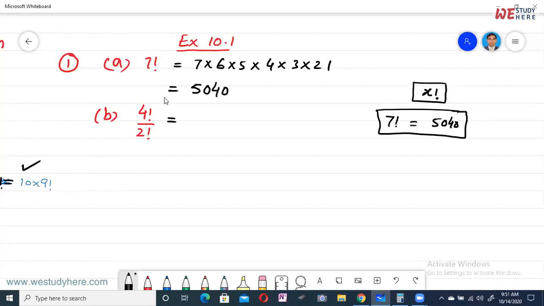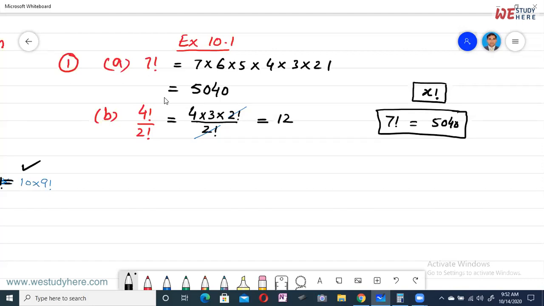As 4 factorial is greater, you expand 4 factorial as 4 into 3 into 2. As in the denominator there is 2 factorial, you stop at 2 and place the factorial there, divided by 2 factorial as it is. Then this 2 factorial and 2 factorial you can cancel. In the numerator, 4 threes are 12. 12 will be your answer.